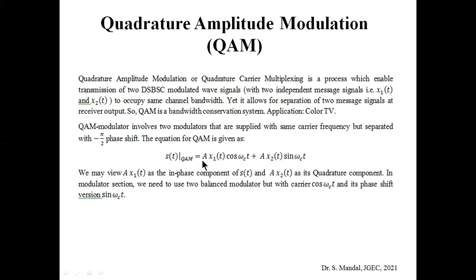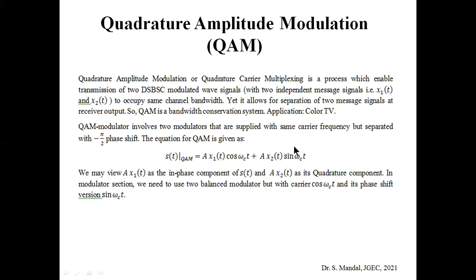The first component of this equation is known as the in-phase component of QAM, whereas the second component, where the minus pi by 2 phase shifted carrier is used, is known as the quadrature component.